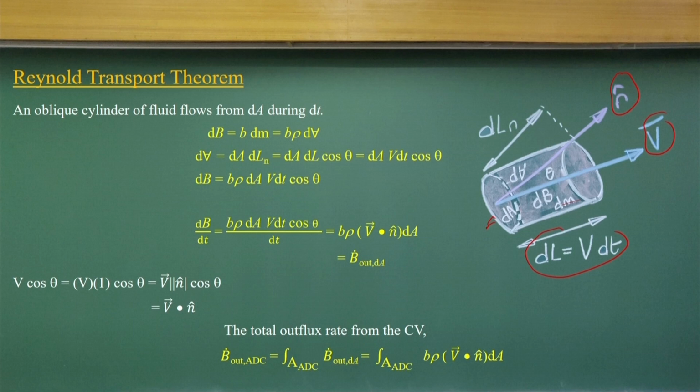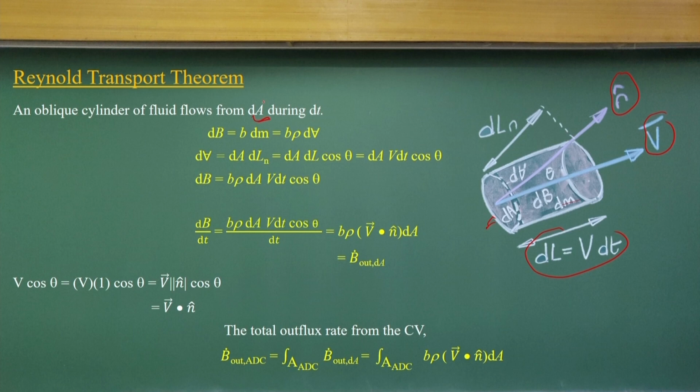That means the volume of space because of this outflux will be v into dt, the length, times this area. Now we have to compute how much is coming through this oblique cylindrical surface, which has area dA, during time dt.